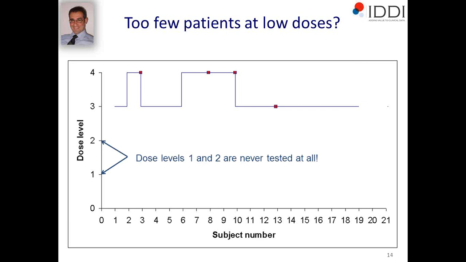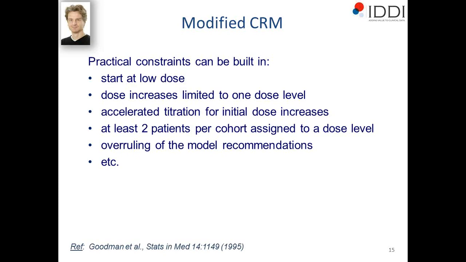What do you think? Yeah, but this is just essentially the way we started it, right? What I said is that we start from those 3 because our current guess says that it's closest to our target. But CRM is very flexible. You can actually overrule this prior belief, and you could start at low doses, and you can actually populate the low doses if you want.